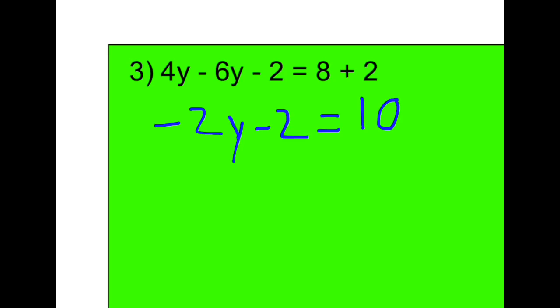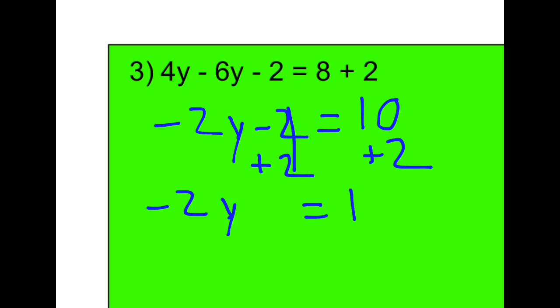Now watch this. We have a regular two-step equation now, right? So there's the variable y. Do the opposite of order of operations first. So beside that y is a minus 2. We're going to do plus 2 on both sides. That leaves us with negative 2y, these go away, equals 12.